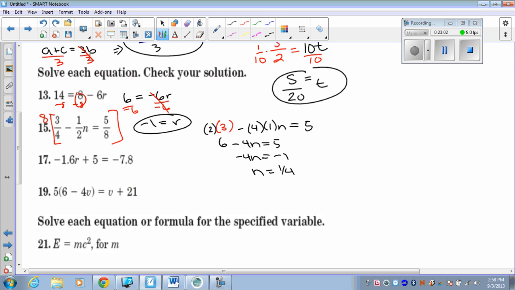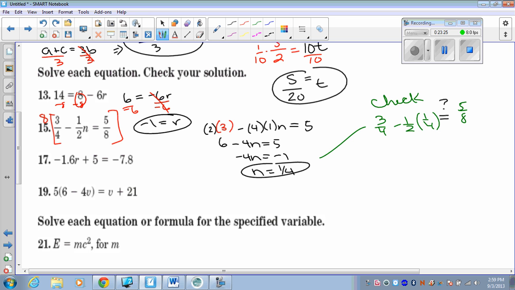By the way, the directions say check your solution. Remember, you can always plug your answer back in to see if you got the right one. Let me just do it for this one while we're here. So if I'm checking my work, I'm saying n is supposed to be 1/4. And the question is, does that equal 5/8?